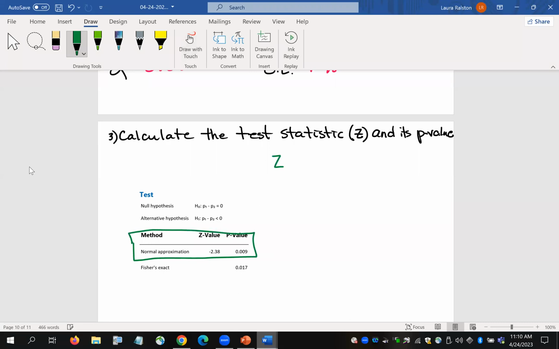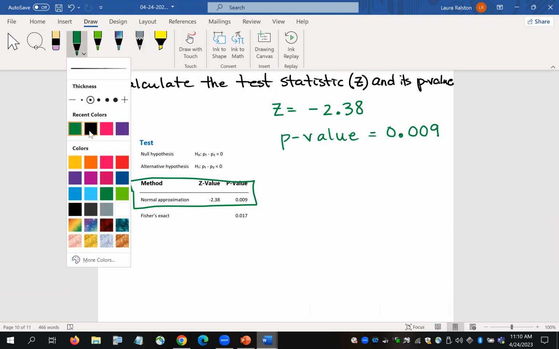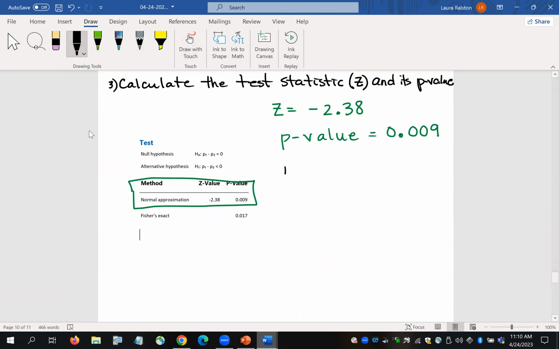So I find that my Z is negative 2.38. The corresponding p-value is 0.009. Step 4, as always, is to make a decision.